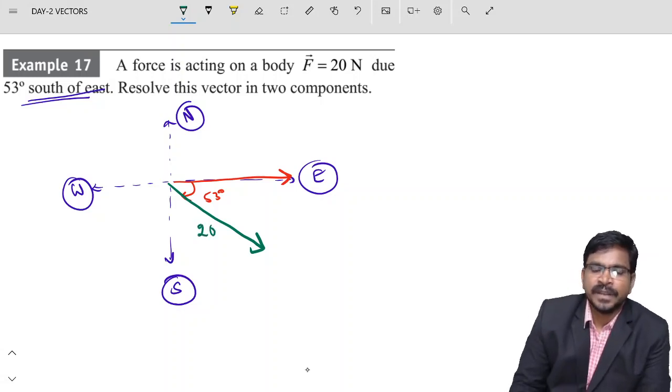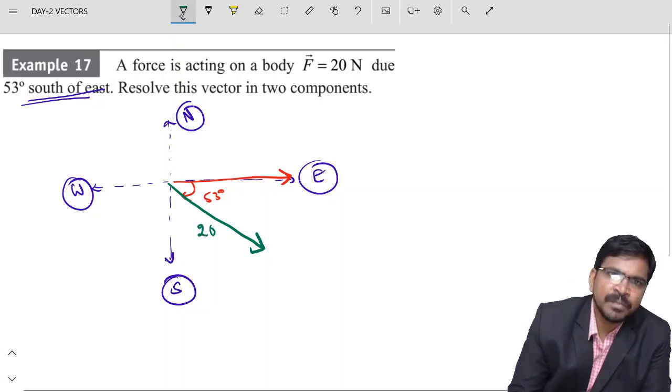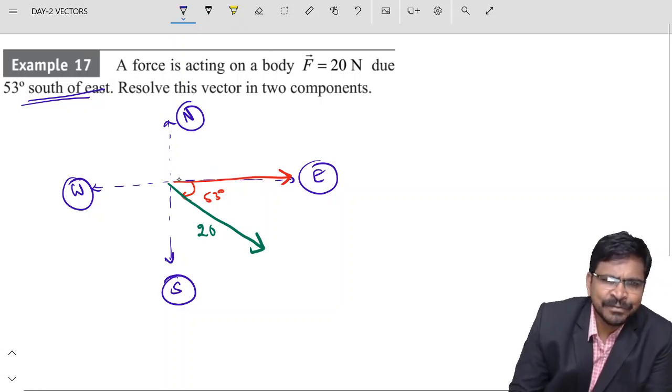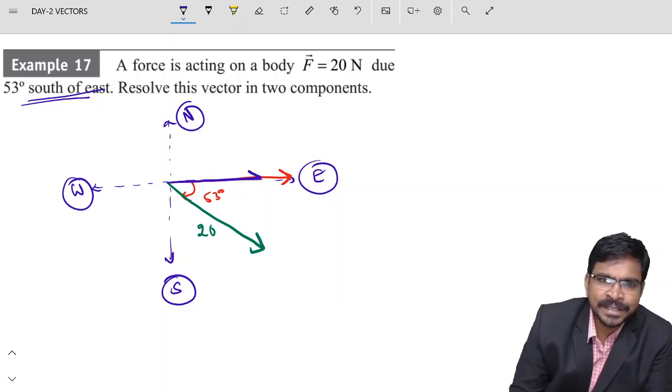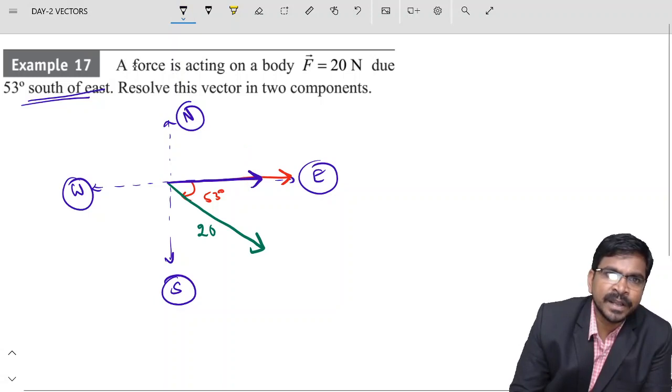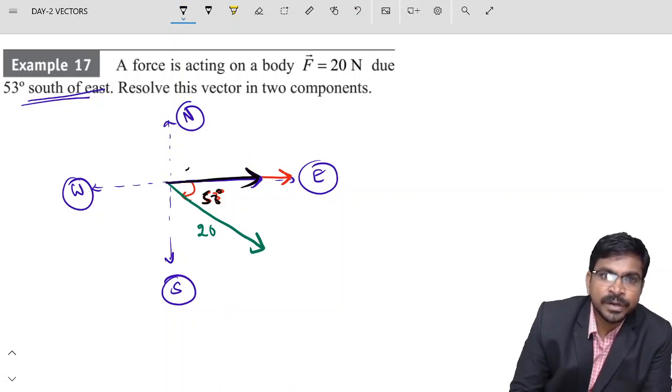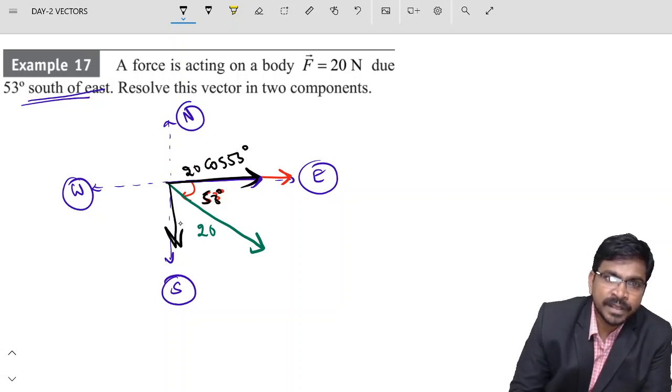How much magnitude? 20. And now you should resolve into two components. It is very easy. Once you know the angle, let me take another color, this will be the adjacent 53 degrees. So 20 cos 53 degrees, and this one is 20 sine 53 degrees.